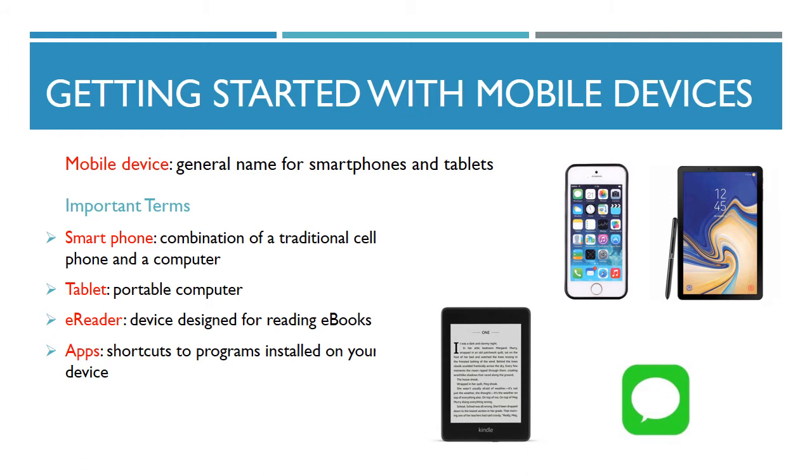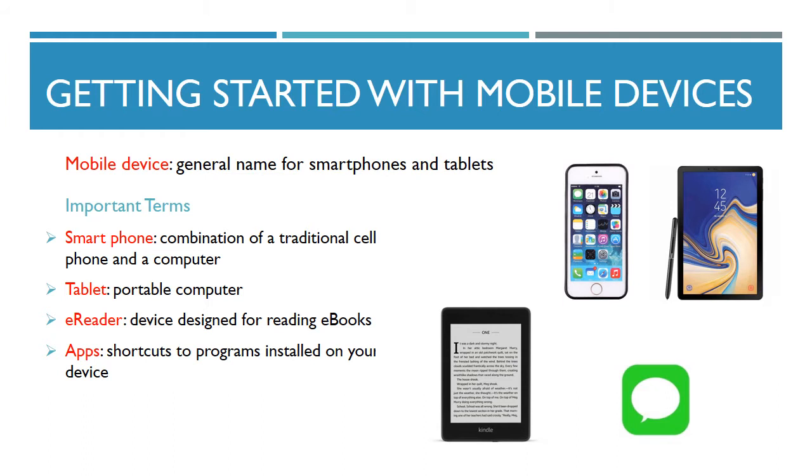Some important terms for you to know are smartphones, which refer to devices that combine traditional cell phone features and internet access, a touch-sensitive screen, and virtual keyboard. Tablet, which refers to portable computers that have touch-sensitive screens and virtual keyboards.